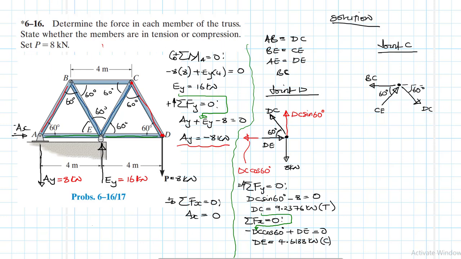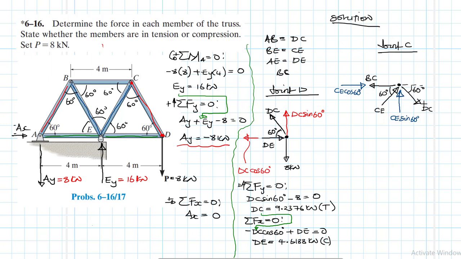So we're going to have components for CE. We'll have two components like so and another one like so. Let's label these ones. This one is CE, this one is CE sine 60, then this one is CE cos 60.